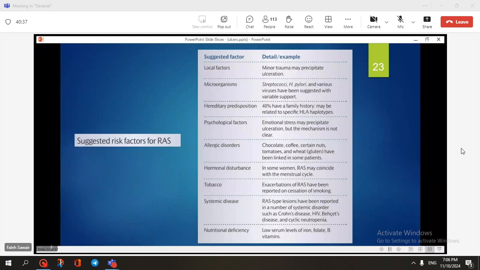Tobacco: they say that aphthous ulcer is less common in smokers. This is possibly because smoking causes irritation to the oral mucosa, thermal and chemical, so it will cause hyperplasia and hyperkeratosis of the oral epithelium. So it will be more resistant to ulceration.